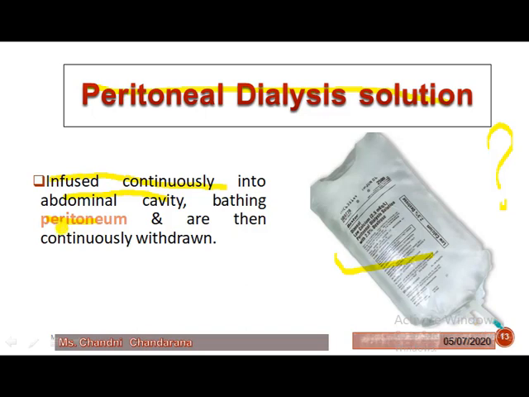So it acts as a filter and removes the waste products from your blood, and the fluid is then continuously withdrawn. After a set period of time, the fluid with the filtered waste products flows out of your abdomen and is discarded. So this kind of solution is used when the kidney can't function properly. So this is all about peritoneal dialysis solution.